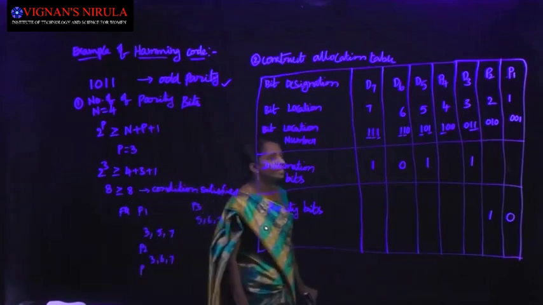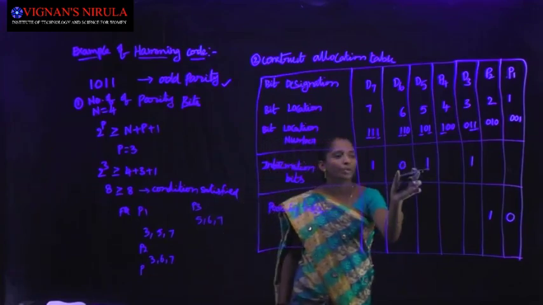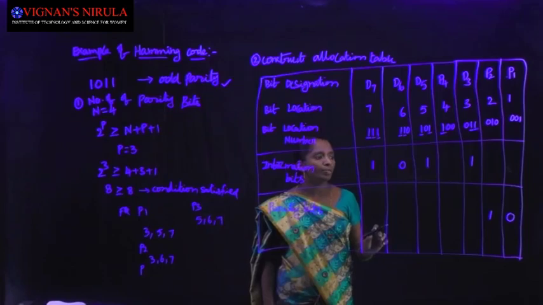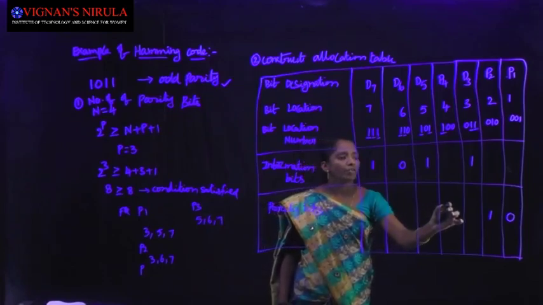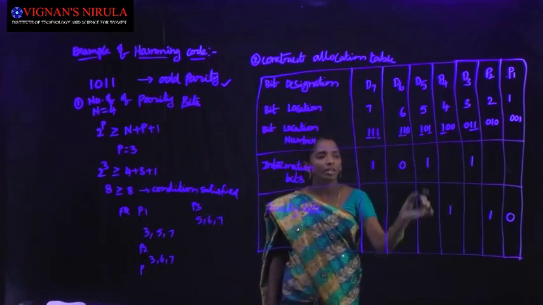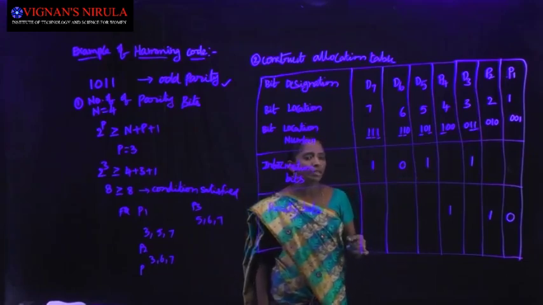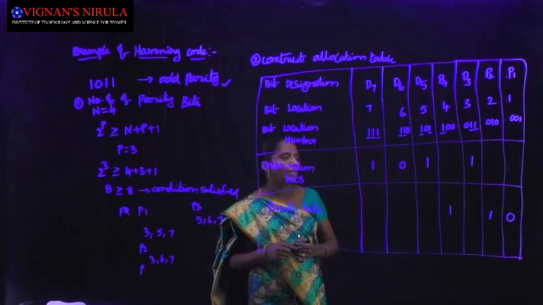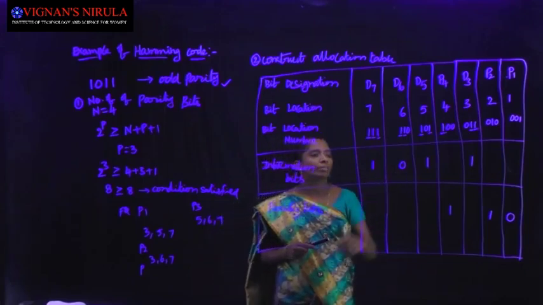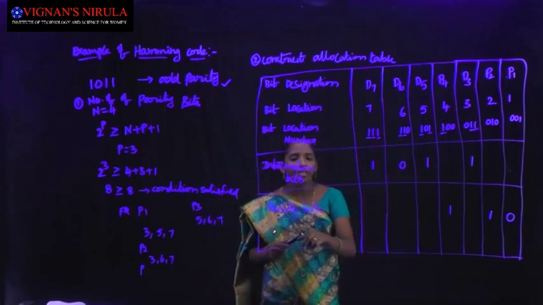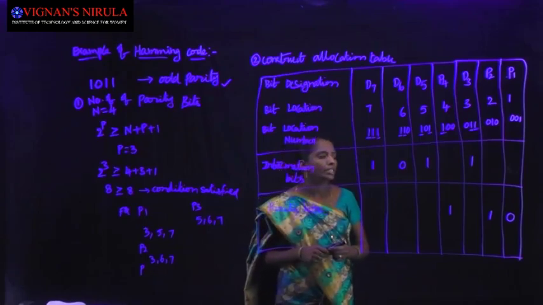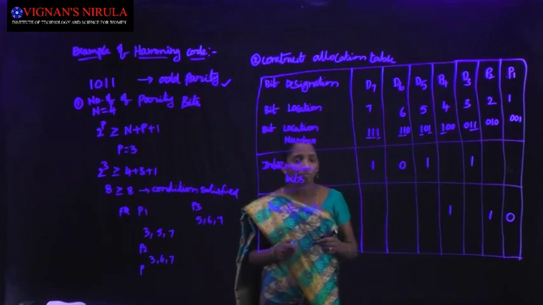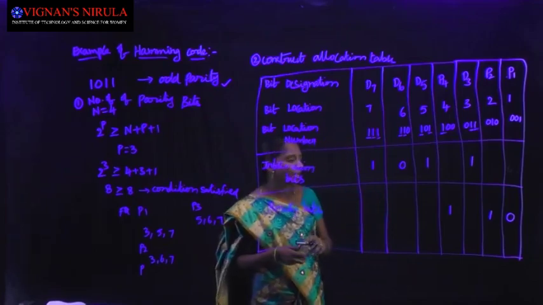Here also we have only 2 ones, so to assign odd parity, the parity bit should be 1. If we keep the parity bit 1, the total number of ones is 3, which is odd parity. So the information bits are 1, 0, 1, 1, and the parity bits are 1, 1, 0.